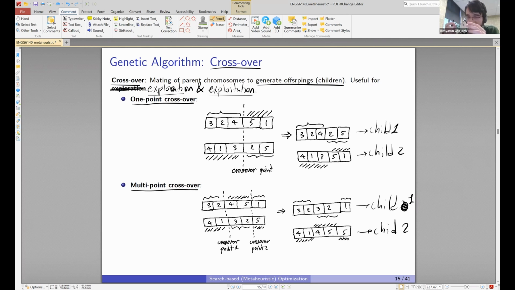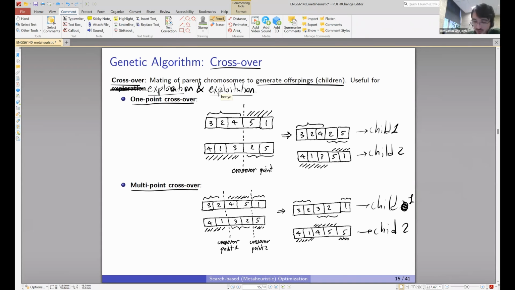So it means that the child is close to that parent in the optimization landscape. So it's like a local search, because you have moved a little bit from the parent. So that will be for exploitation.